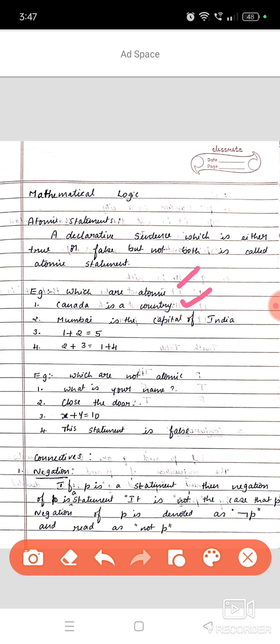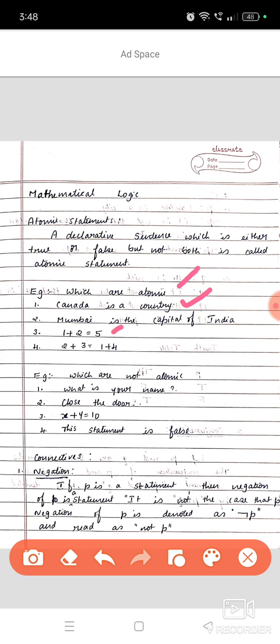And second, Mumbai is the capital of India. This statement is always false. We know the capital of India is New Delhi, but Mumbai is not the capital of India. So it has only one truth value.